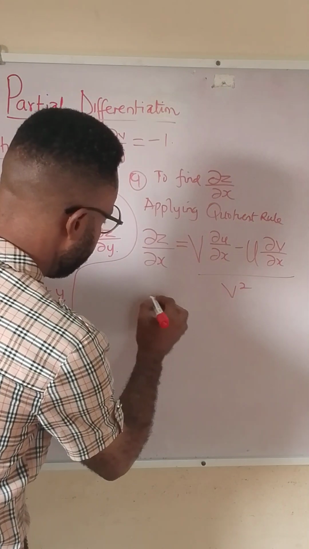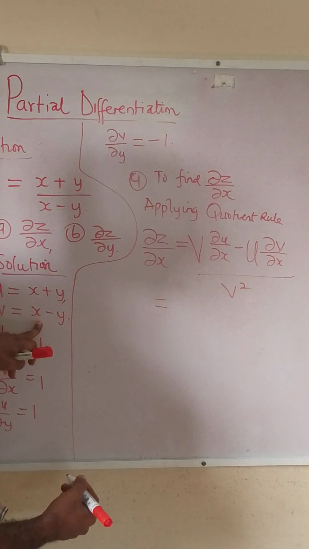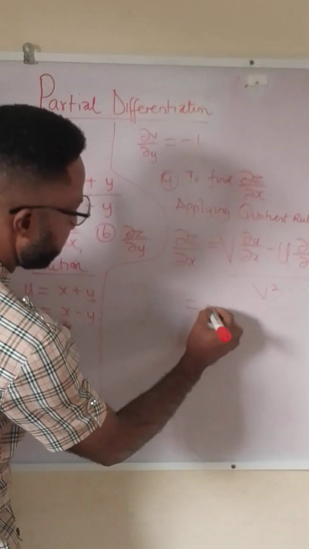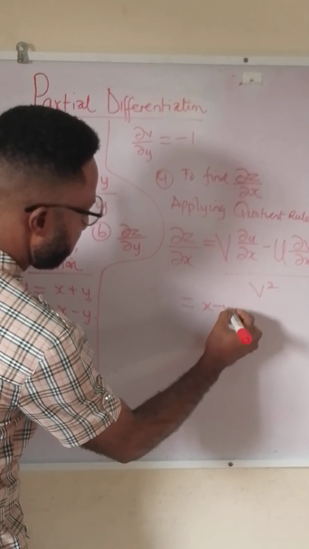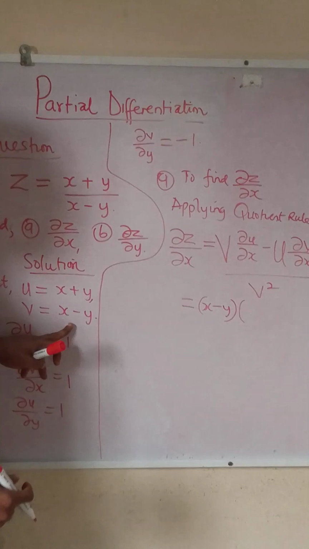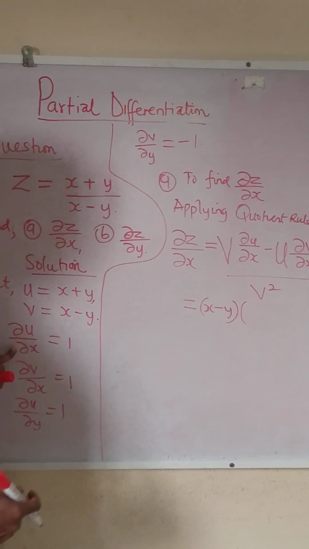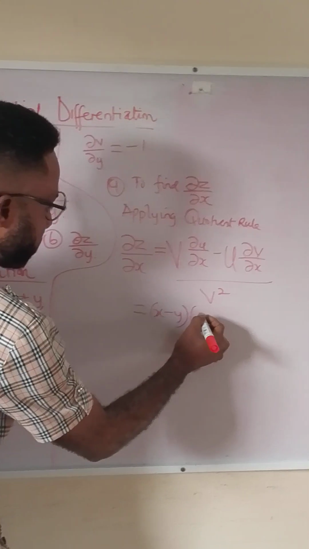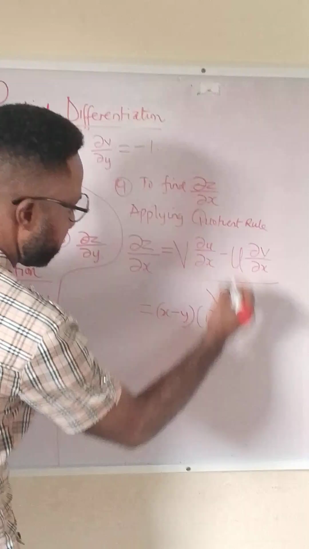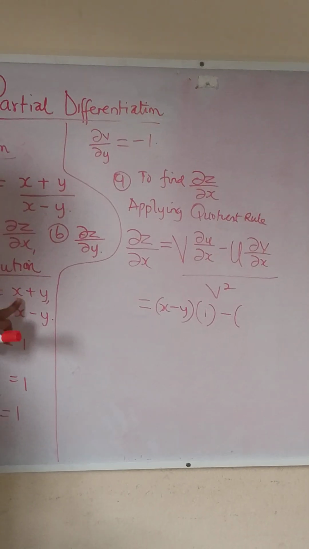If we bring in the values, what is our v? Our v is x minus y, so we have x minus y in brackets. What is the partial derivative of u with respect to x? It is 1, so we have 1 here. We put the minus, and the next thing is our u, which is x plus y.